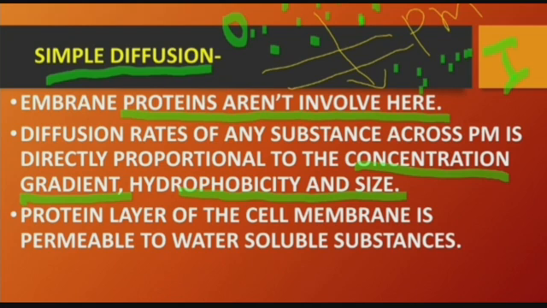Then the next point is that the protein layer of the cell membrane is permeable to water soluble substances. You can ask me how water soluble, water loving substances can pass through the plasma membrane. Let me tell you, this is the plasma membrane.